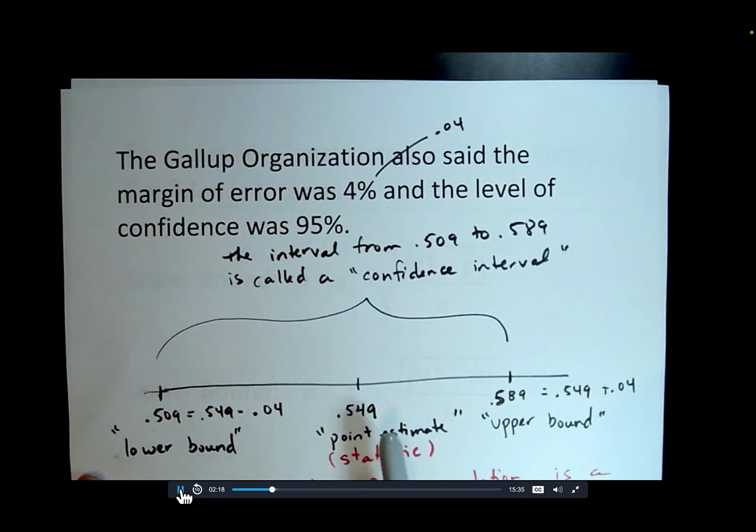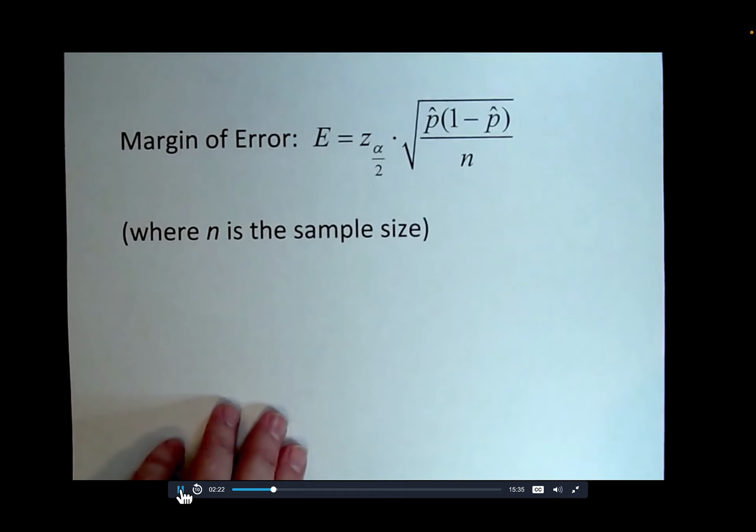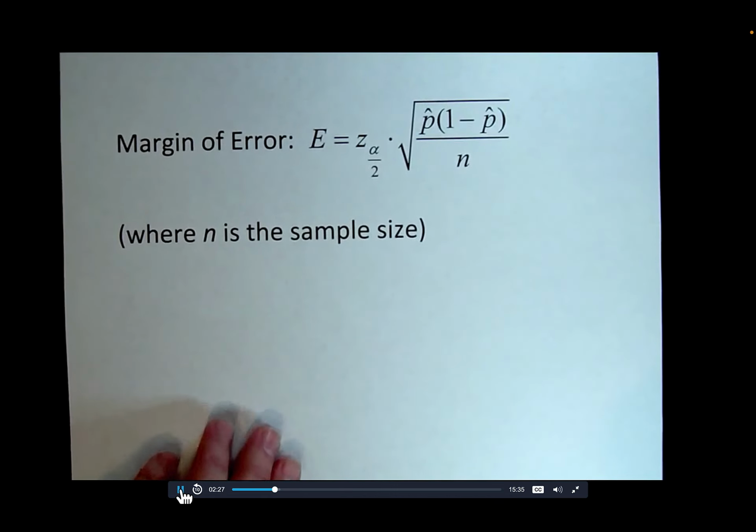What I actually prefer in terms of a formula is just to know that the formula for the margin of error, E, is z sub alpha over 2 times that square root. Then I know that I'm going to go E above the point estimate and E units below the point estimate.